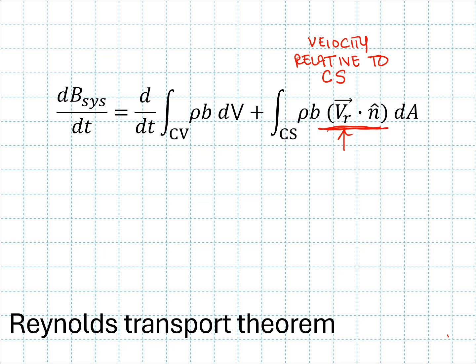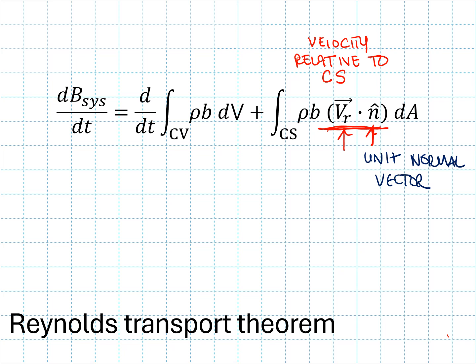So now let's think about this dot product, right? So we've got this little n right here. What is n? So n, this is our unit normal vector. And so it has a magnitude of 1 and a directionality that is always oriented 90 degrees from the control surface and directed outwards.